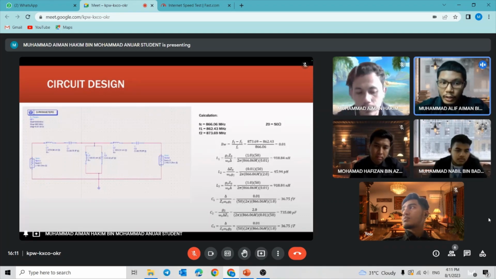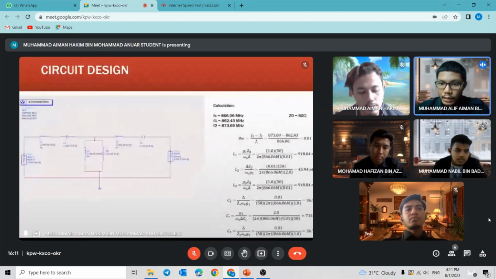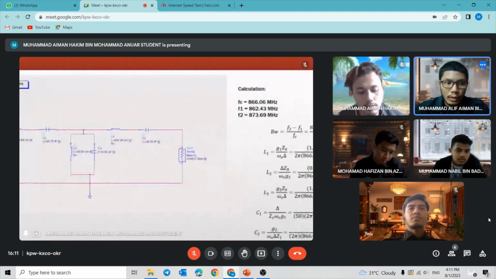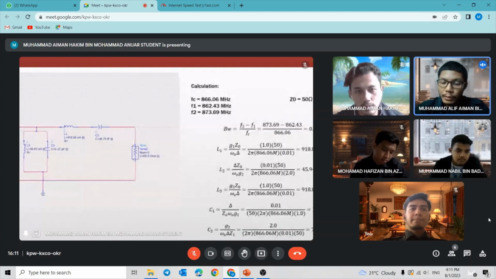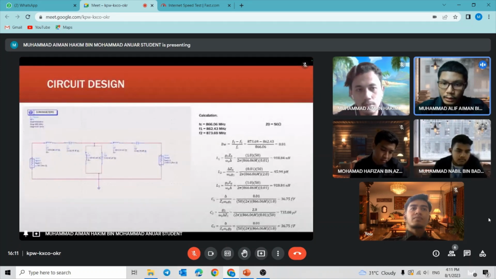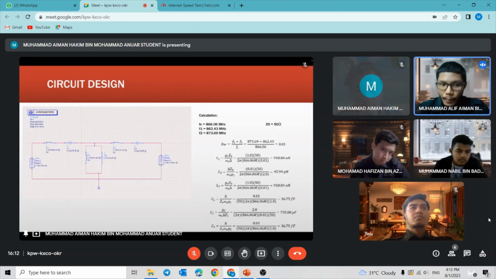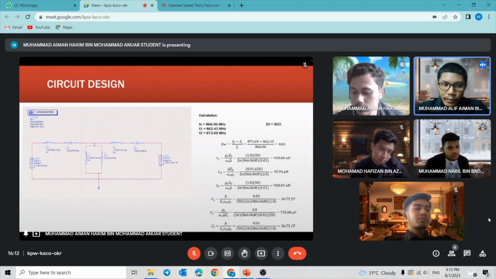As we can see on the slide, to get the bandwidth value, we need FC, F1 and F2. The values of FC, F1 and F2 were obtained by referring to lab 2B. After that, the value of G was obtained by referring to the table of insertion loss maximally flat. The omega naught formula is 2 pi f, where f refers to FC.